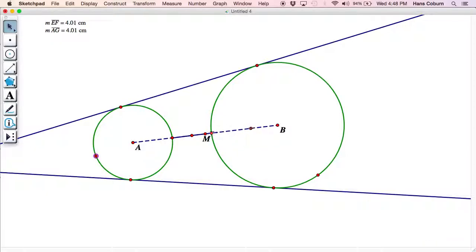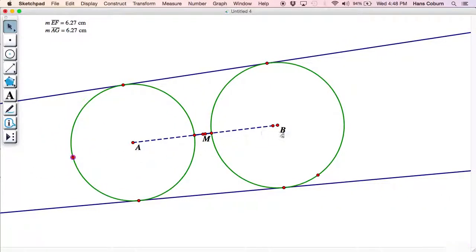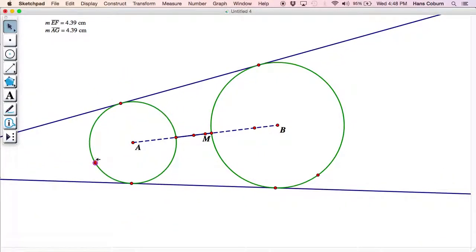This distance right here is still maintained. So when A becomes too big, if you can picture that little circle inside, it's suddenly on the outside of B, and you notice that the tangent lines collapse. So make sure that circle A stays smaller.